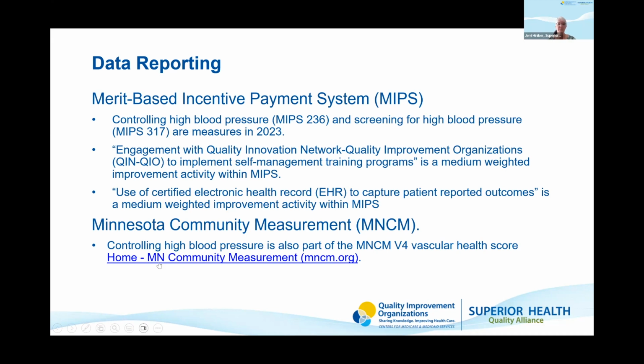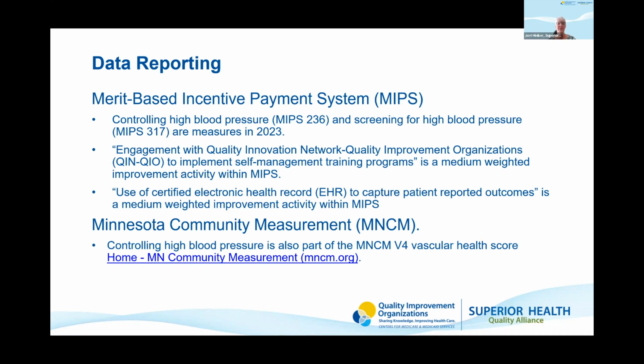There's also a couple of MIPS improvement activities that you might want to report to that you can use in helping to manage your hypertensive patients. One is the engagement with your quality innovation network or quality improvement organizations. They're the QIOs in every state, and actually Superior Health Quality Alliance is that.